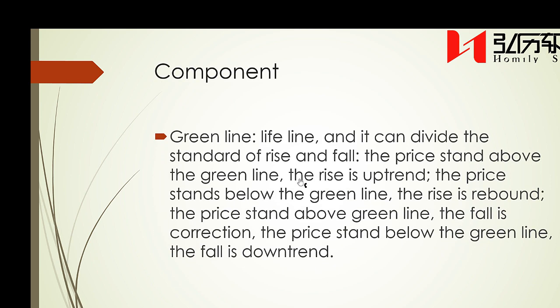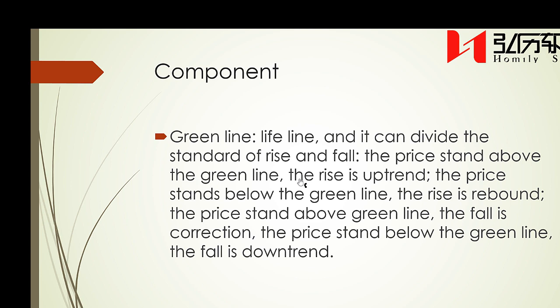And then the important one is that we can see it also has the green line. It is the lifeline in this indicator, so it can divide the standard of rise or fall. If the price stands above the green line, the rise is an uptrend, which is normal.